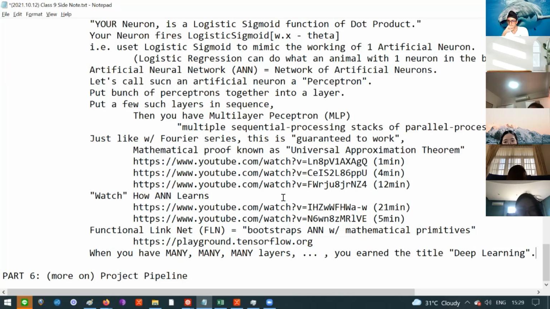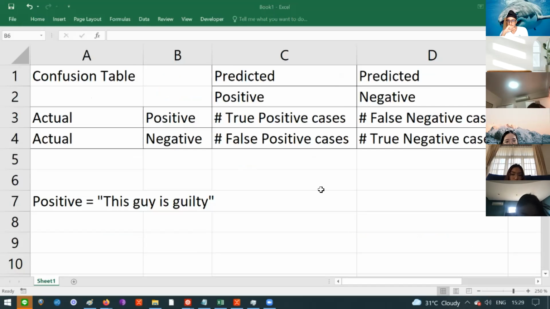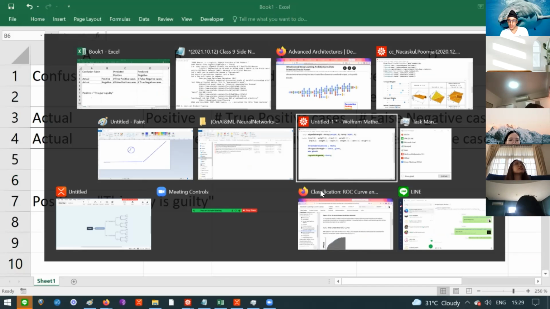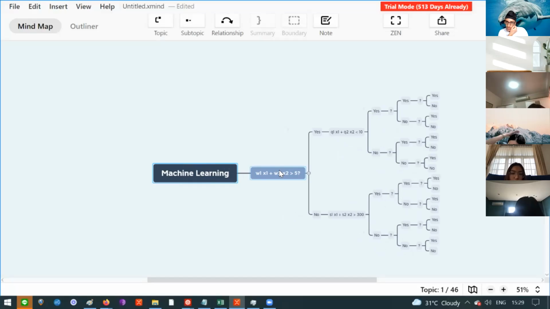If I were to do this as a taxonomy, let's go to this picture. Something like this: machine learning. I call this supervised machine learning.